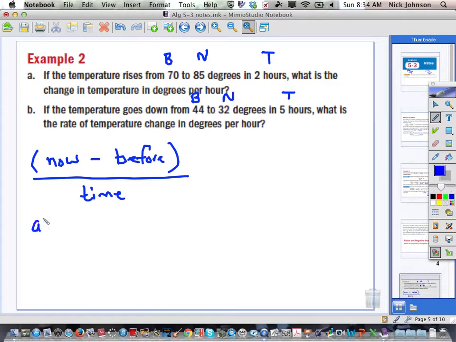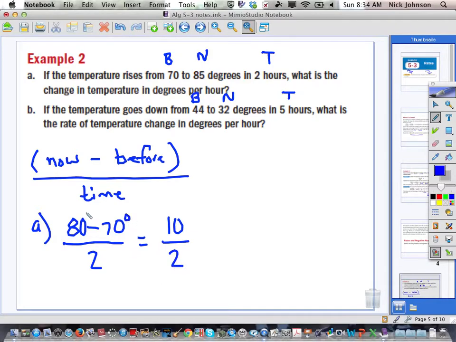So A, what is my now? My now is 85 minus my before, my before is 70, divided by time, which is 2. We have to do what's on top first. 85 minus 70 is 15, divided by 2.